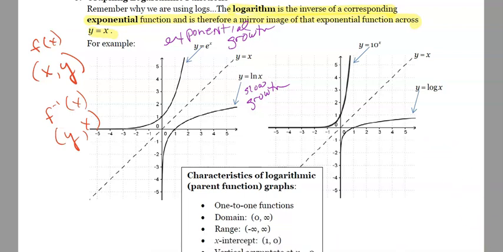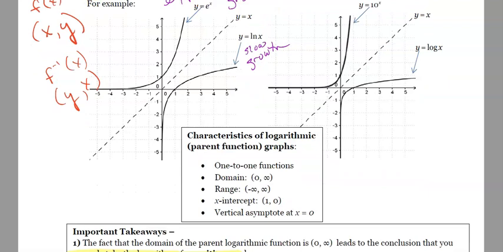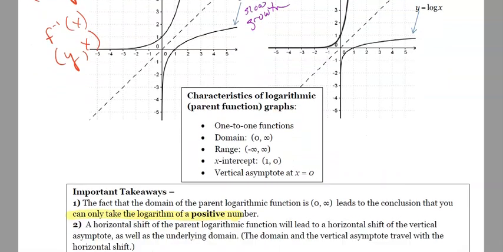So be able to recognize the way that logs work and the way that inverses work. There's some common points. So 0, 1 is always on the exponential growth curve, and therefore 1, 0 will be on the natural log curve. They are reflections over the line y equals x, and here are their characteristics. Make sure you can understand them.